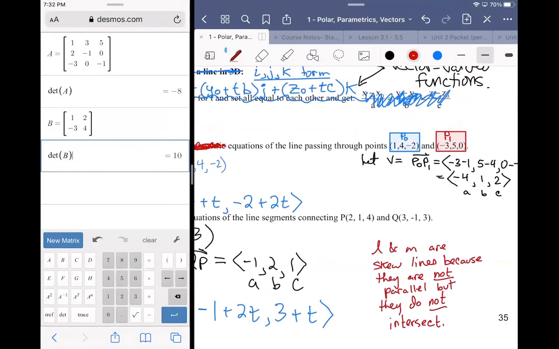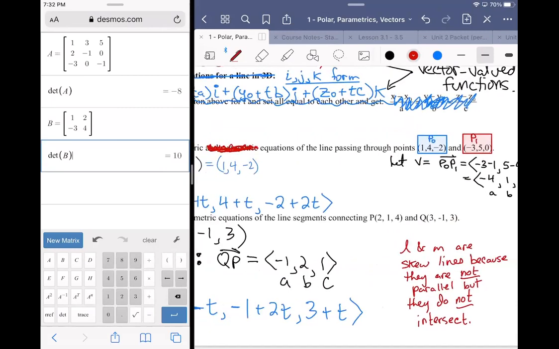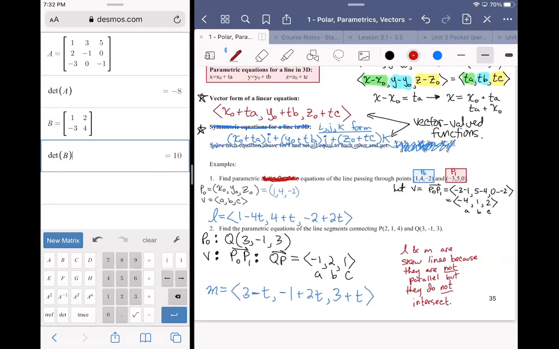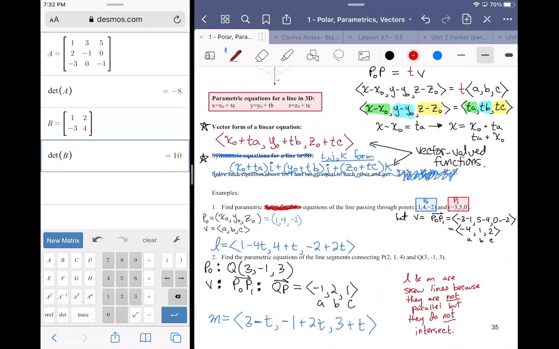All right. None of the questions asked us that, but it's stuff that you're going to need to know. So why not start becoming more familiar with that now? All right.